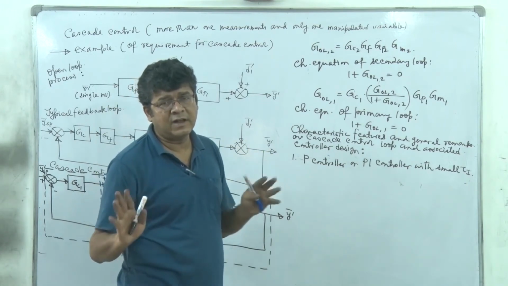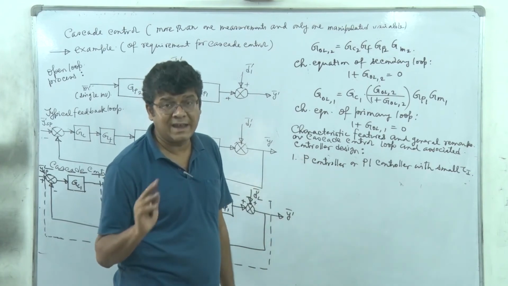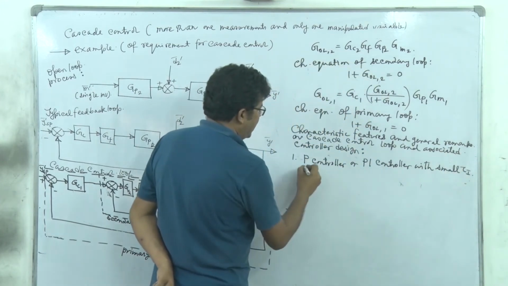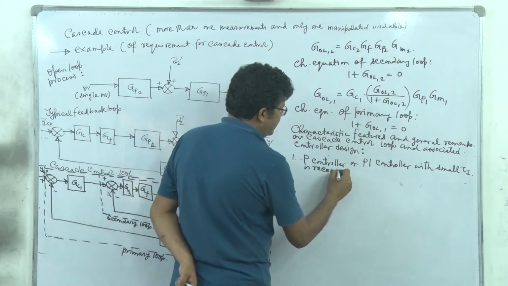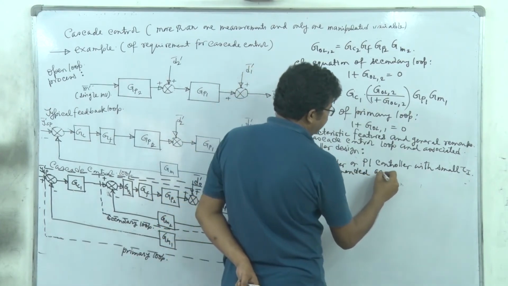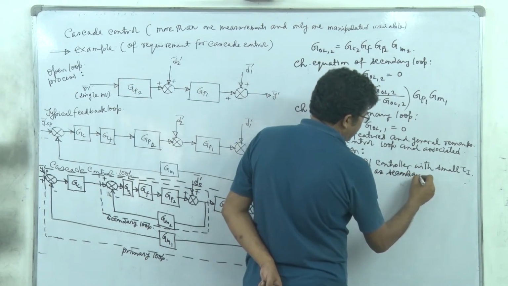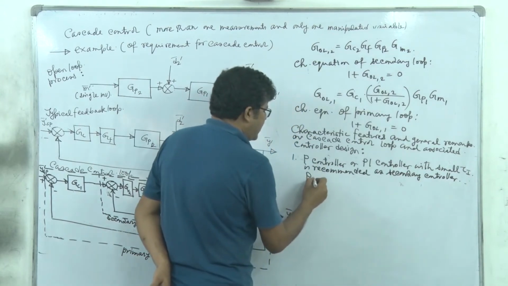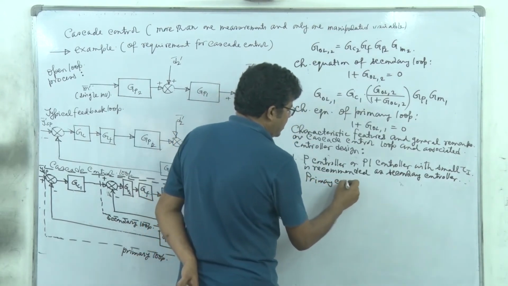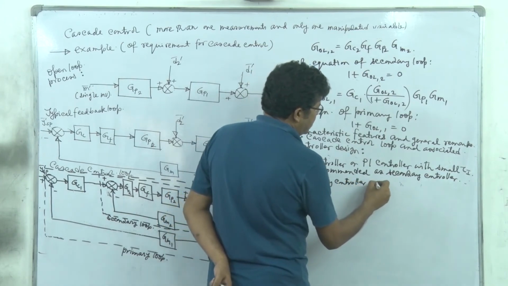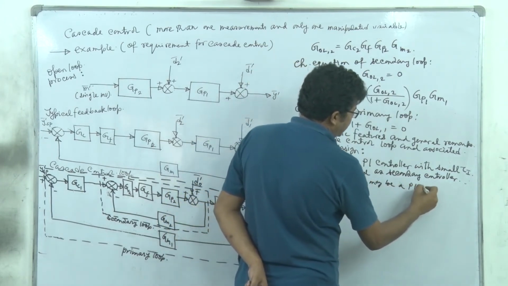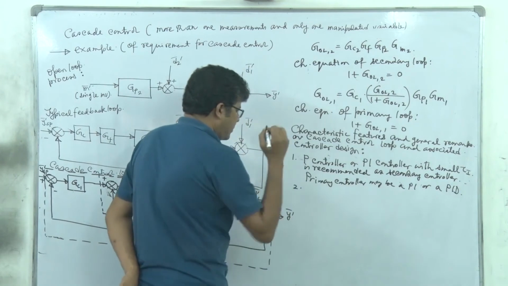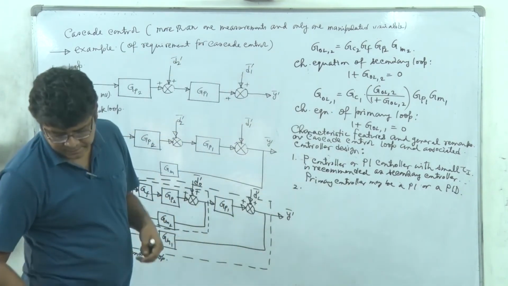There is no delay or sluggishness because proportional controllers are pure gain elements. Okay? So P controller and PI controller with small tau I is recommended as secondary controller. Right? Primary controller may be a PI or a PID. Right? So that's the first issue.